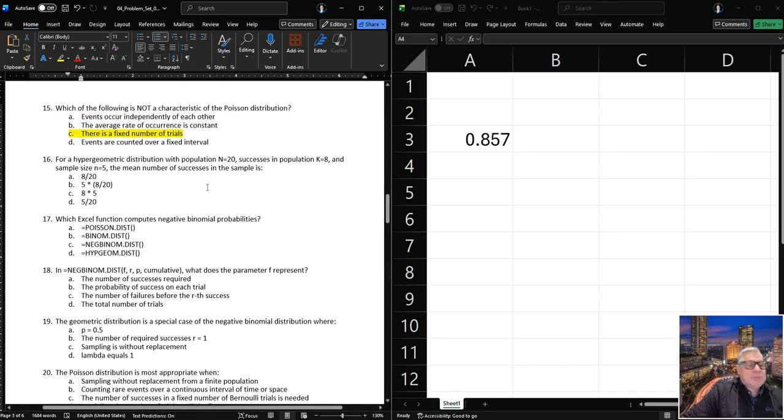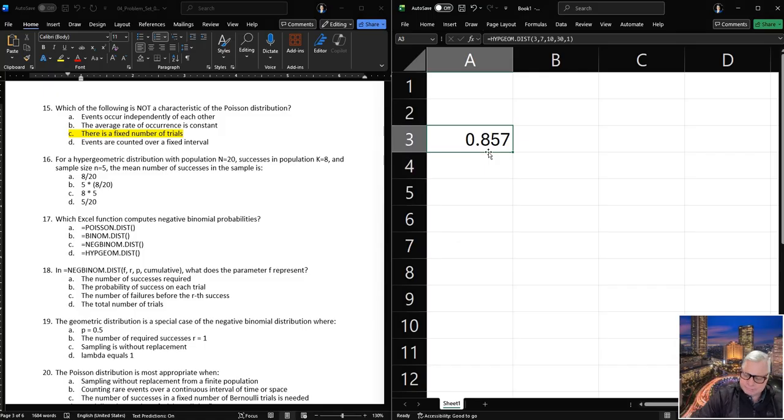Oh, for a hypergeometric distribution with population 20, successes in population k equals 8 and a sample size of n. The mean number of successes in the sample is. Okay, that requires some formula. And I don't know the formula, but what I do know is that I can replicate the right result by simply working through that example.